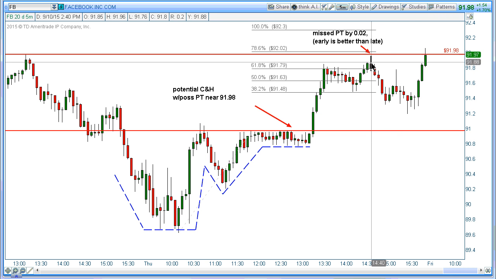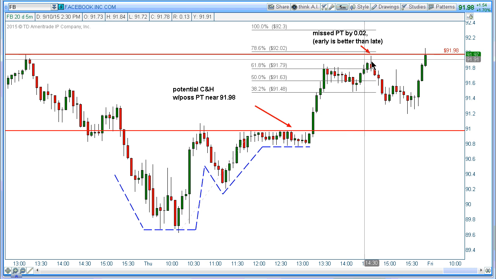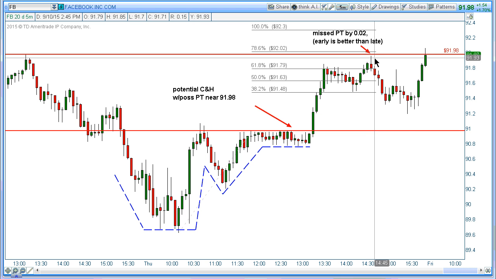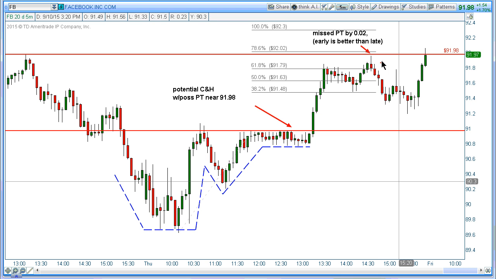So again, let's say for example you're scaling out some and you set some initial profit taking target, then you would set maybe a few pennies below this particular target level, which is 91.98. Then your order might get filled and you got taken out on some of the position. If it's not a full position, then the remaining position you could leave on and maybe try for this 100% move.